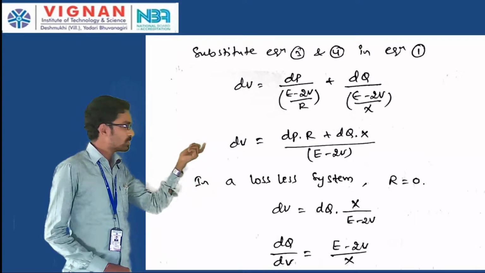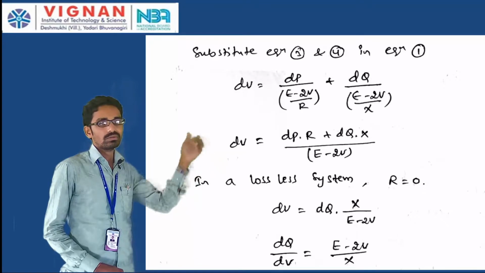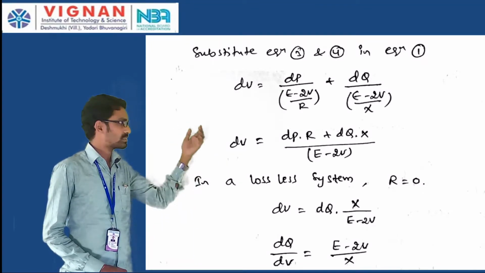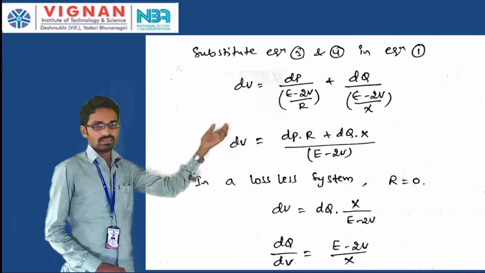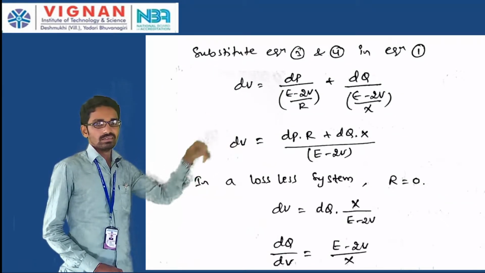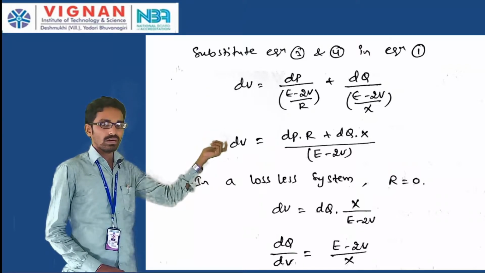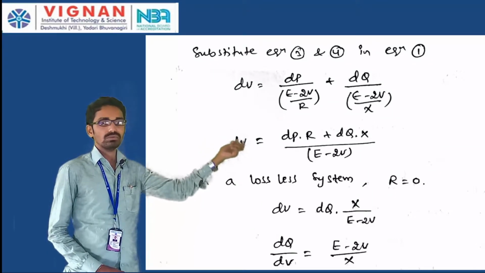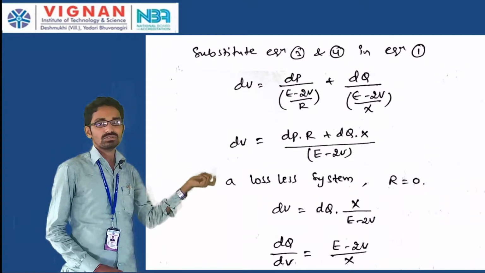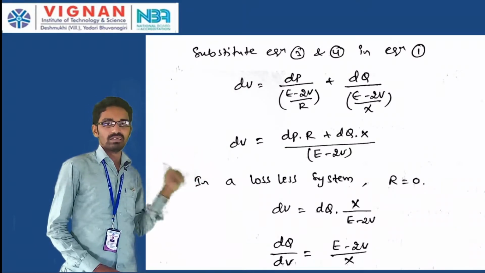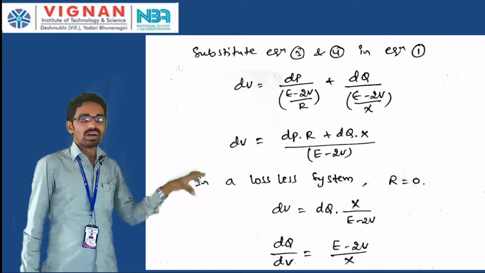So, dV is equal to what? Multiply R to the upper side and X to the upper side. We get dV = (dP into R + dQ into X) by (E - 2V), taking the common denominator.